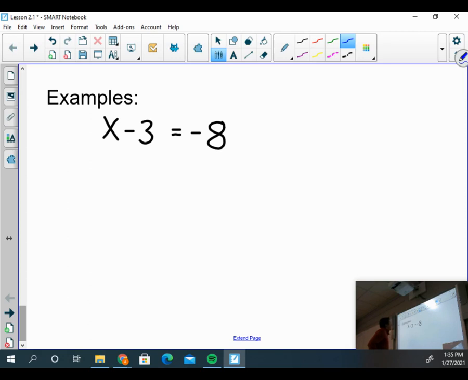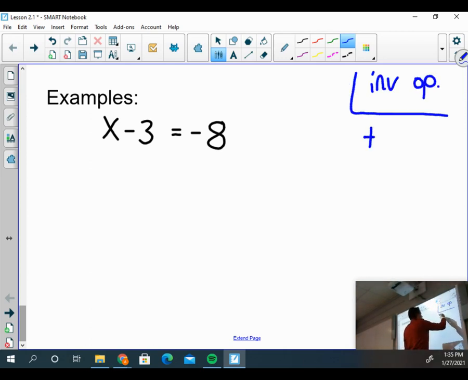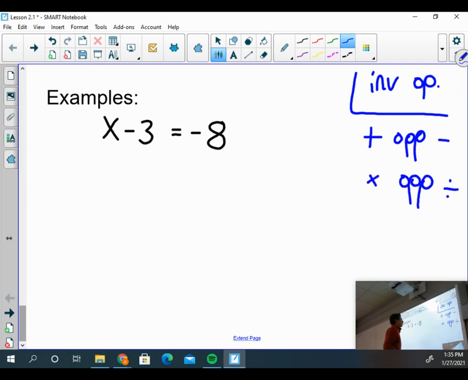Let's instead use the math we've learned with inverse operations, and your little chart here, if you've forgotten what the inverse operations are. Addition is the opposite of subtraction, and multiplication is the opposite of division.